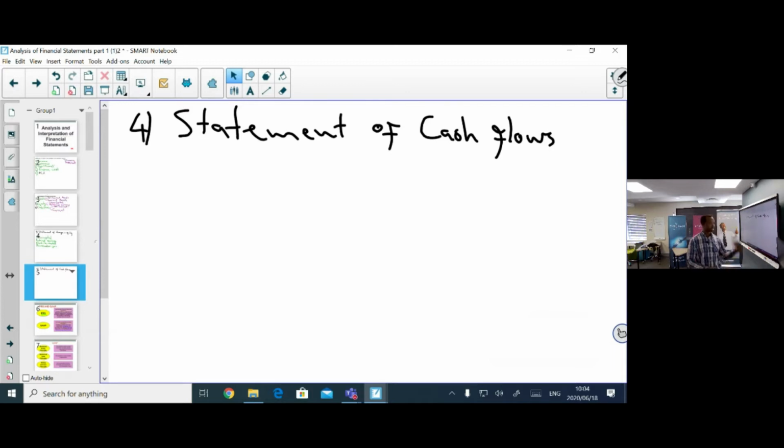As time goes on, we'll go through those financial statements step by step, and we'll do activities. I think a lot of matriculants struggle, especially with the statement of financial position. For now, we'll go through the theory, explain how they work, what their purpose is, what we use them for, and who the users are, so that you have a background before we go through the calculations, maybe with a few examples from the textbooks you're using.